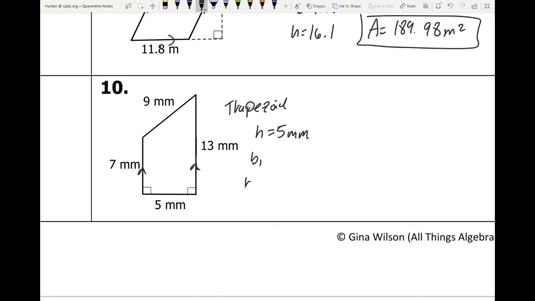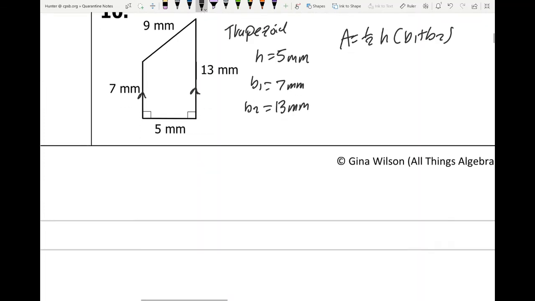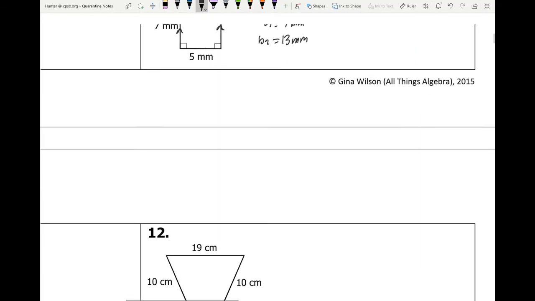My B1 and B2 are just the 2 parallel sides, so 7 millimeters and 13 millimeters. So with our trapezoid area formula, 1/2 height times B1 plus B2. We've worked one out already, so I'll leave that for you to plug in and solve. And that's that for number 10.